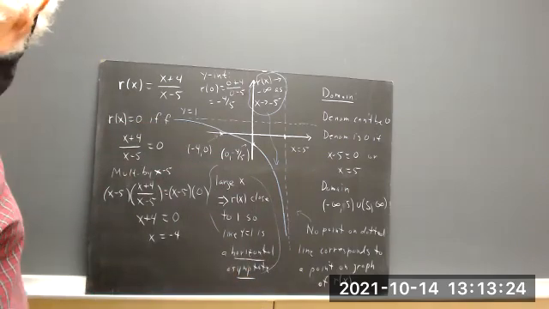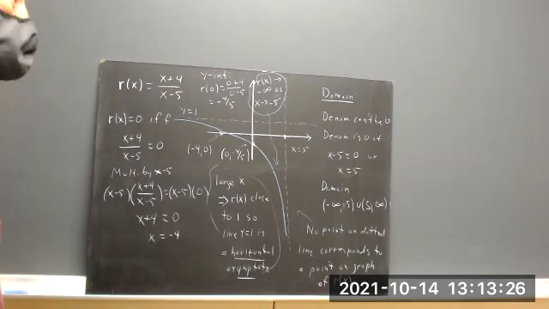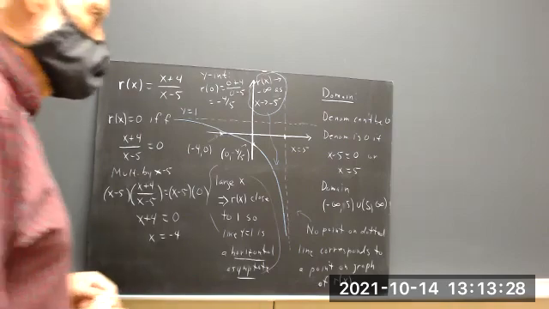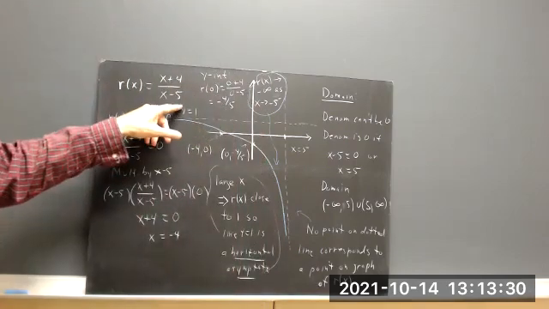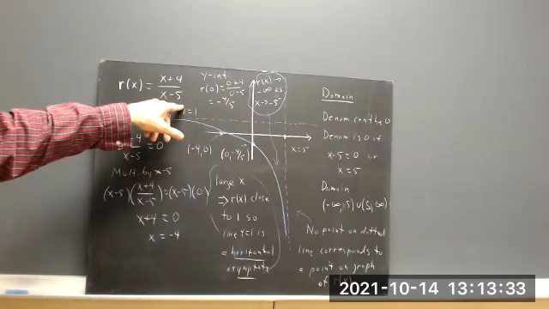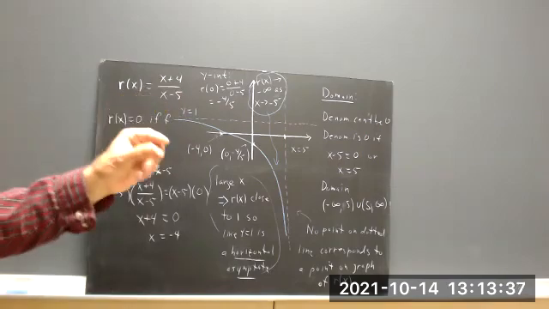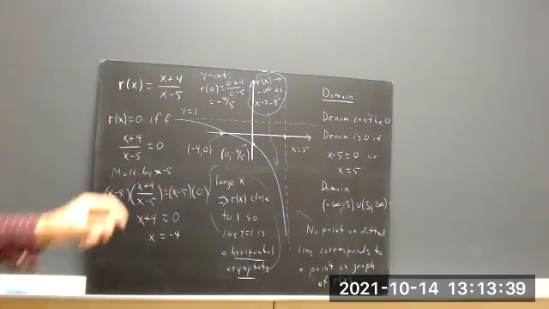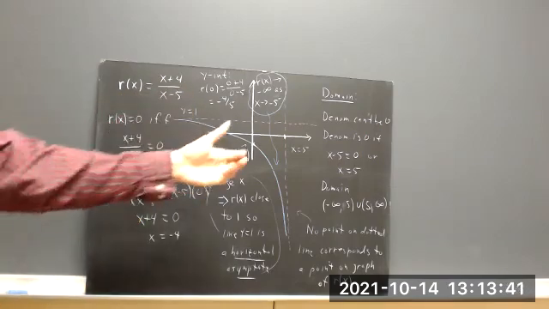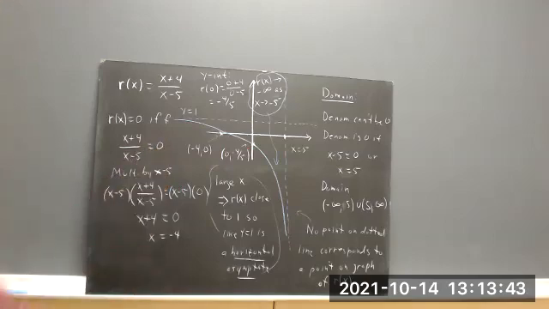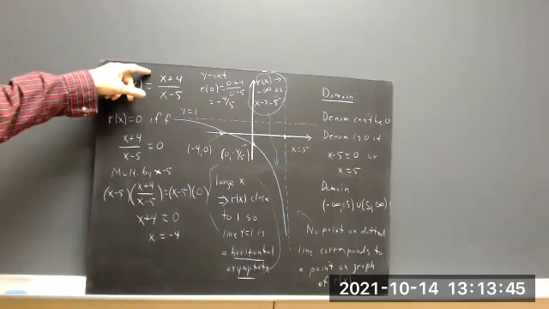Then on the other side, if x is a little more than 5, x minus 5 is positive, but it can be really tiny. The closer x is to 5 on the other side, the bigger the result is going to be.